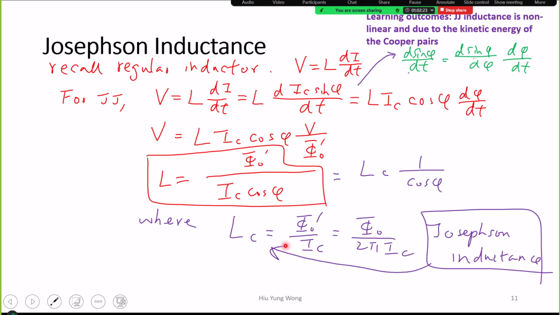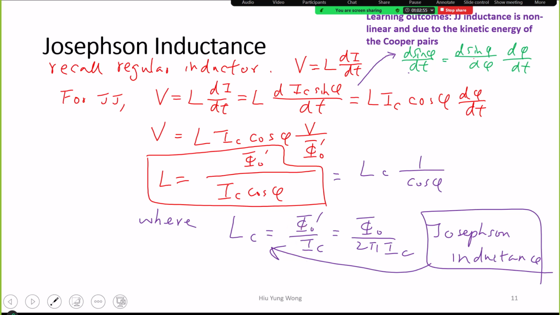So there are two things. One is that the Josephson junction does have an inductance, because its current and voltage relationship fulfills this law. And this L is equal to the reduced flux quantum divided by IC. It's pretty easy to memorize, because classically the flux is equal to inductance times the current, so IC times LC equals flux. That's how I memorize it.